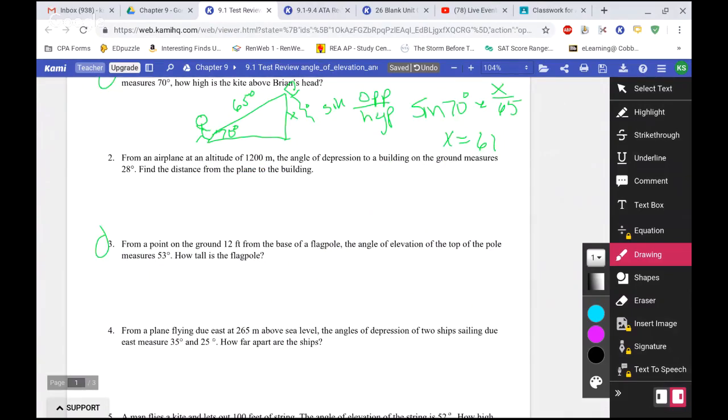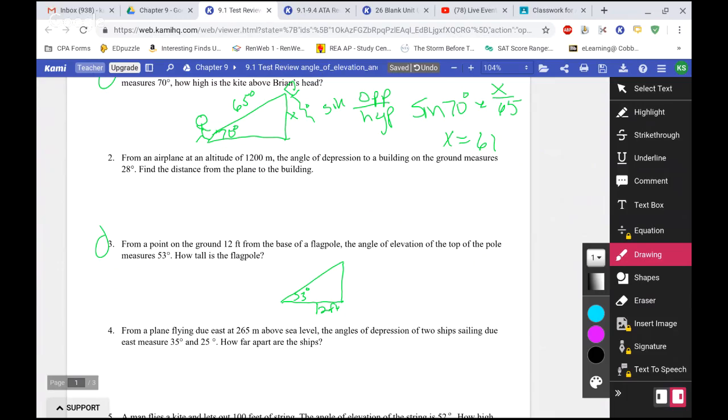From a point on the ground, 12 feet from the base of a flagpole, the angle of elevation to the top of the pole measures 53 degrees. Okay, so I'm assuming that this is the 12 feet, and this is 53. What do you think?